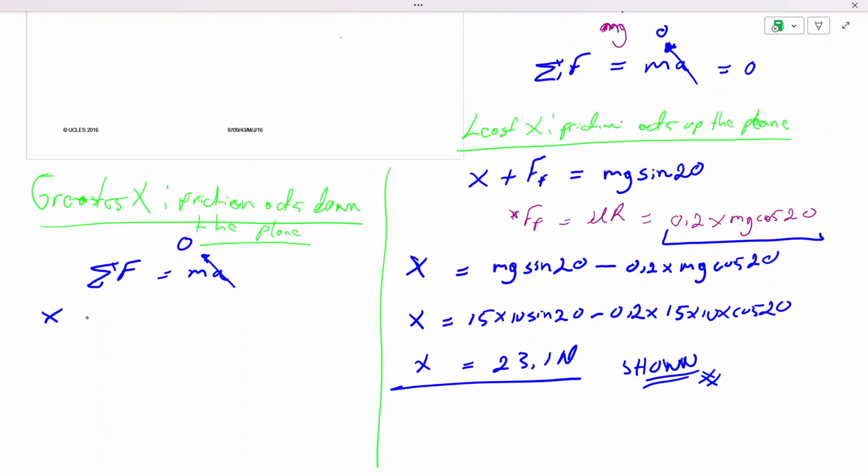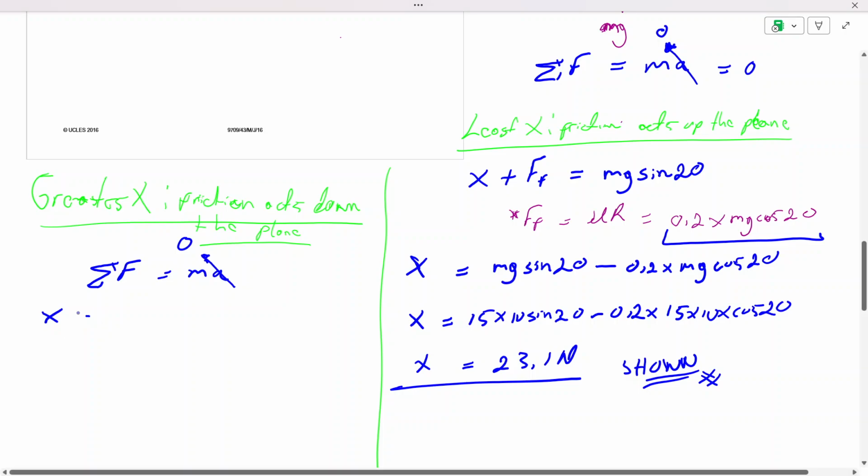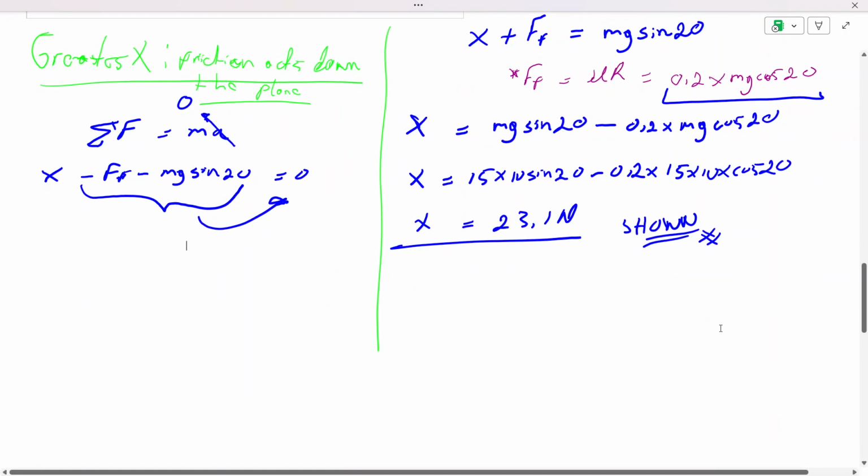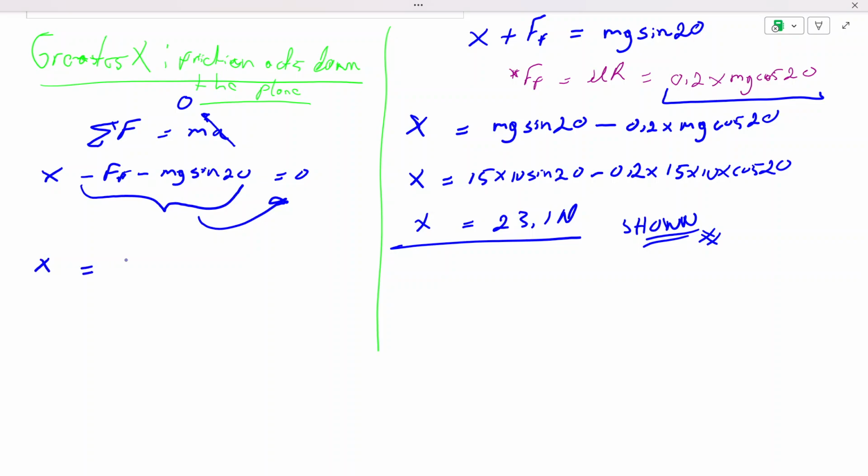So the x that is acting up is simply going to be equal to: x minus Ff minus mg sine 20 is equal to 0, right? Then I take this to the other side like that. Then I get x is equal to Ff plus mg sine 20.